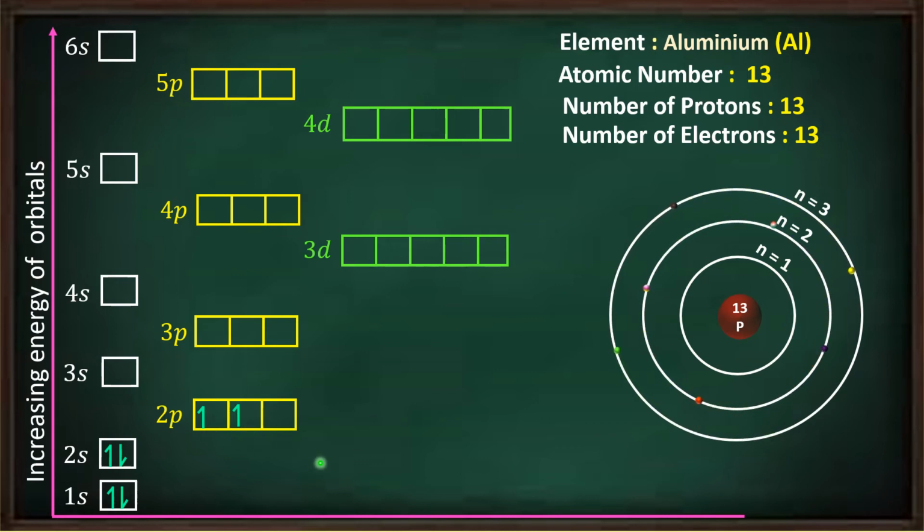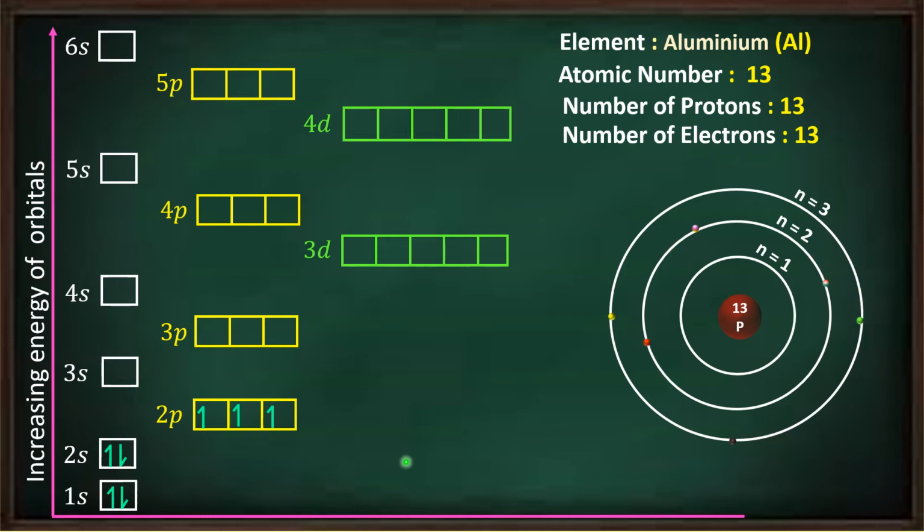Next, totally 6 electrons have been filled. Next, seventh electron occupies the remaining empty orbital. So all the 2p orbitals are singly occupied, then pairing will take place from the next electron onwards.